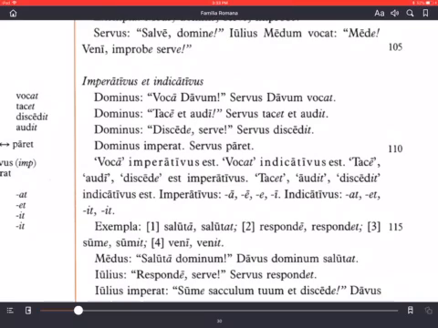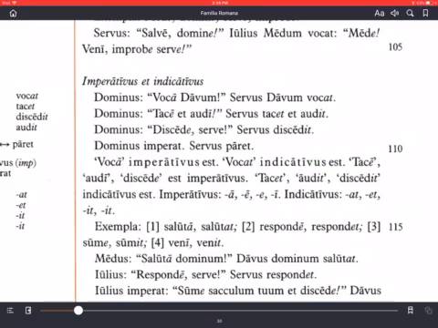Now, if he said Medus call Davum, he would have said mede with the short e ending, and then he would have said voca Davum. Going on, Dominus, the master says, tace et audi, be quiet and listen. Again, notice that the imperative forms tace and audi both end in a vowel, a long e for tace and a long i for audi.